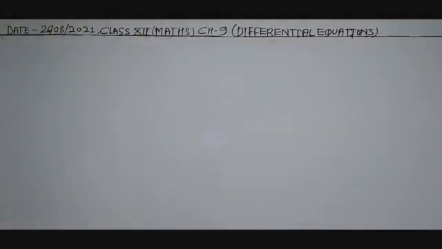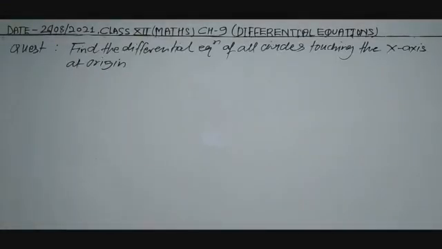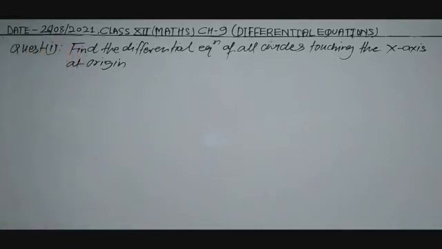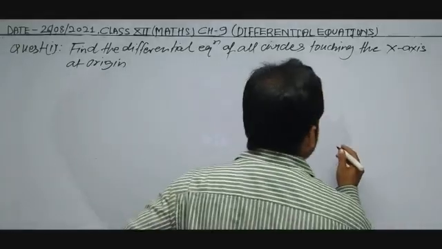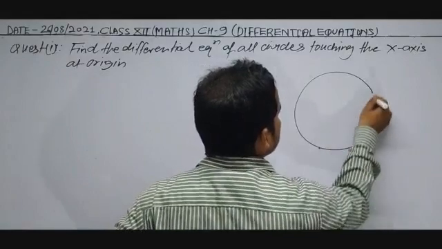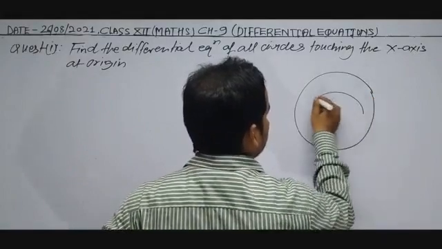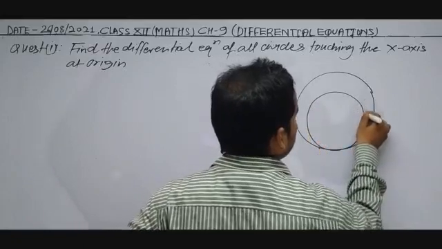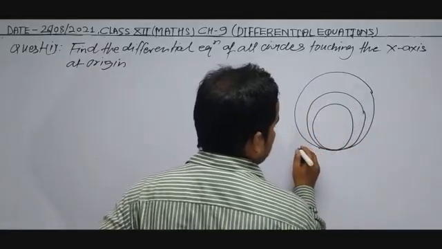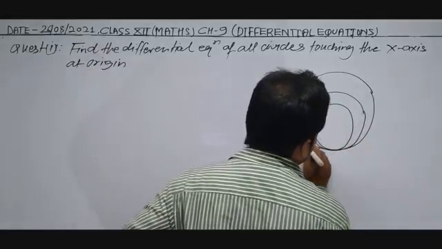Now see, question number 1. Find the differential equation of all the circles touching the x-axis at origin. Means we have to find the differential equation of all the circles which touch the x-axis at origin. Suppose these are the circles, many circles touching the x-axis.